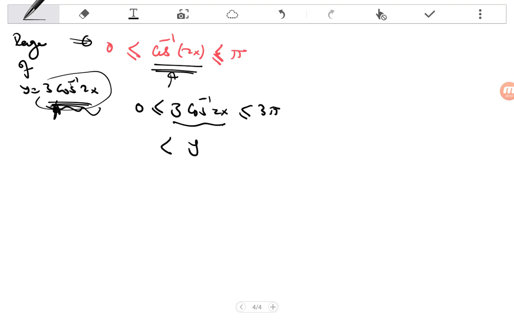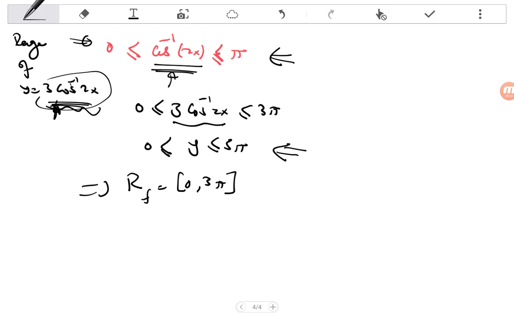And this is exactly y. From this inequality I have deduced that y, which is the outputs, would be in the interval from 0 to 3 pi, and this is exactly the range of this given function.